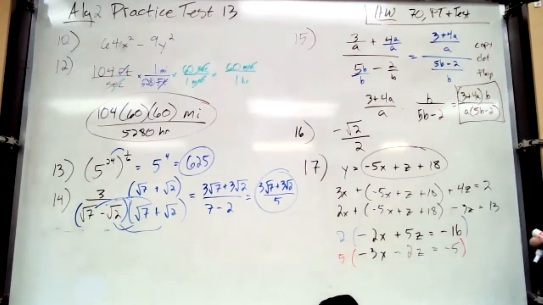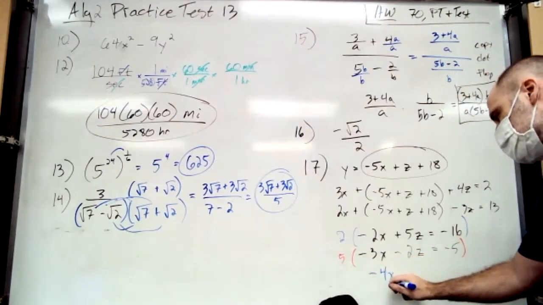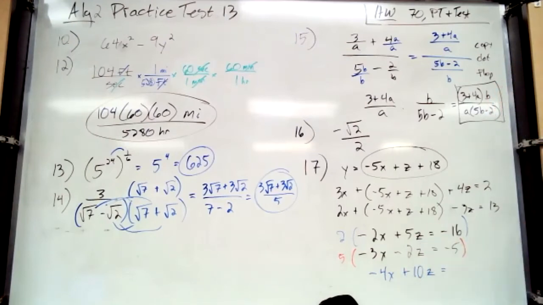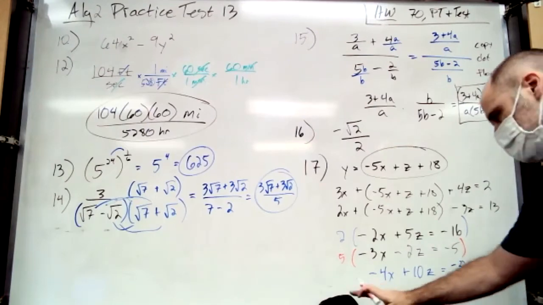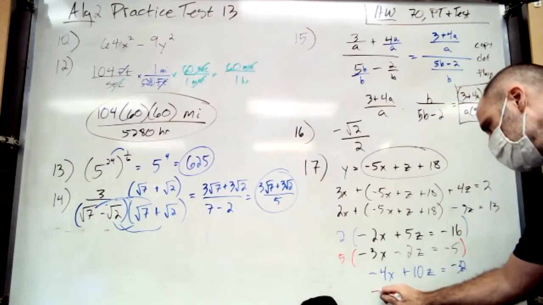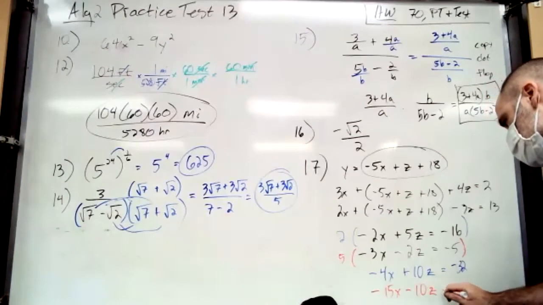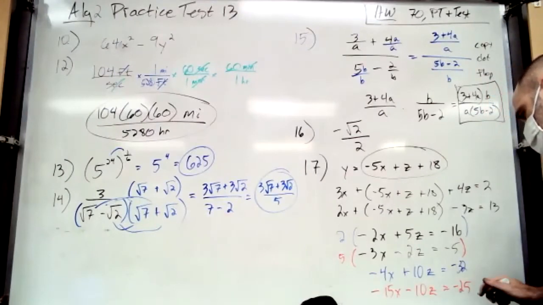So multiply the top by 2, you get negative 4x. You guys remember doing this? This is elimination. You can use substitution again if you want, but you'll have fractions, and nobody likes fractions. Sometimes it's the lesser of two evils, I guess. Negative 15x minus 10z equals negative 25.